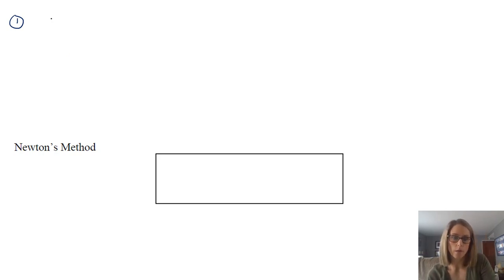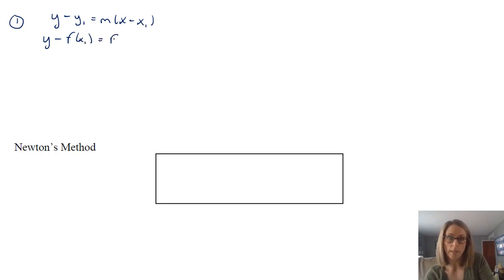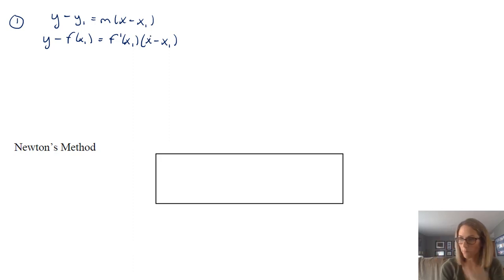So remember, equation of a line, y minus y1 equals m times x minus x1. Now, in our case, we're talking about x sub 1, and then the y value for that we'll just call f of x sub 1. And then the slope at x sub 1 will just be f prime of x sub 1, and then x minus x sub 1. Okay, so this is the equation of this line.